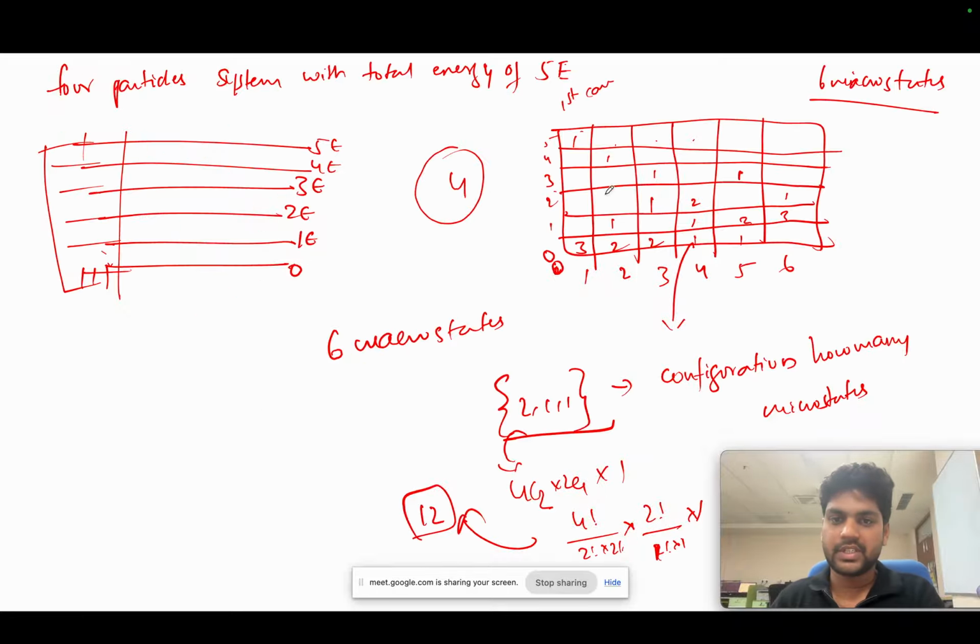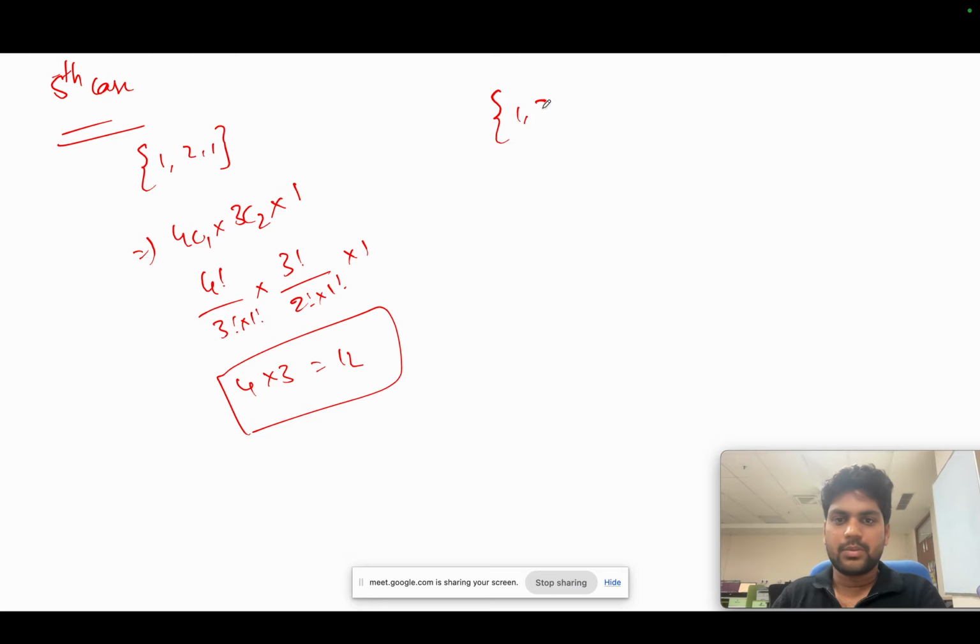Then we will take the first case, which is 1, 3. First we need to get one molecule, 4C1. Out of 4 we pick one molecule, and the remaining 3 will go here, so there is only one way. Here how many chances will we have? 4 chances.